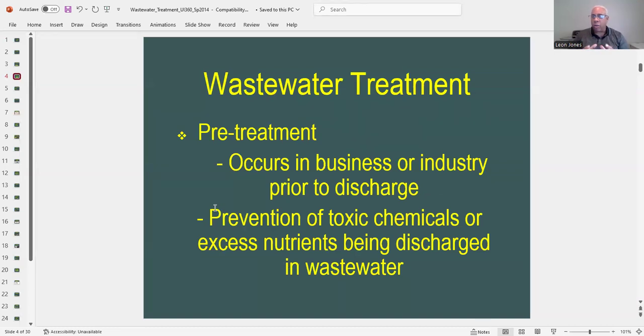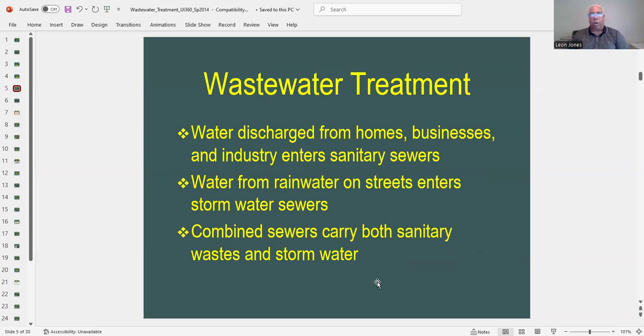So under pre-treatment, we also have prevention of toxic chemicals or excess nutrients being discharged into wastewater. We also have water discharge from homes, businesses, and industry, and that enters sanitary sewers. Also, rainwater on streets enters stormwater sewers, but there's a difference between a sanitary sewer and a stormwater sewer.